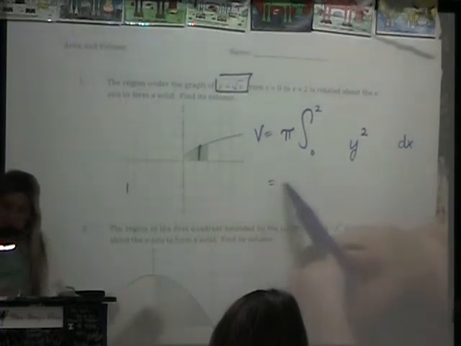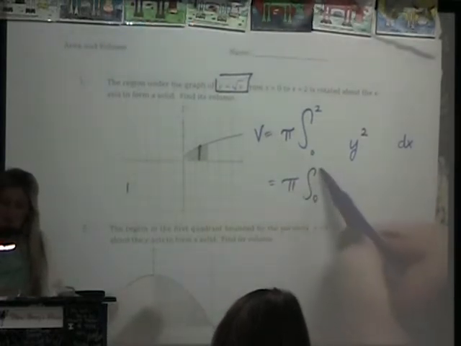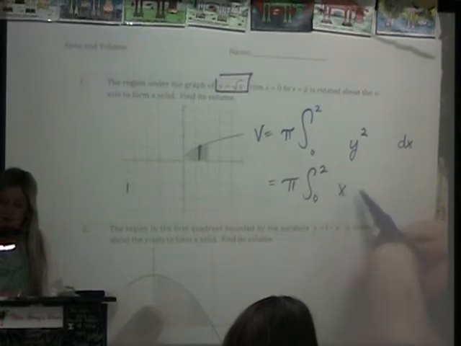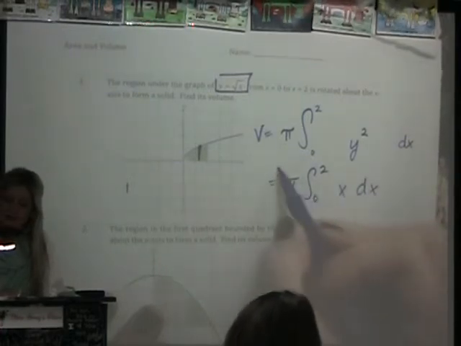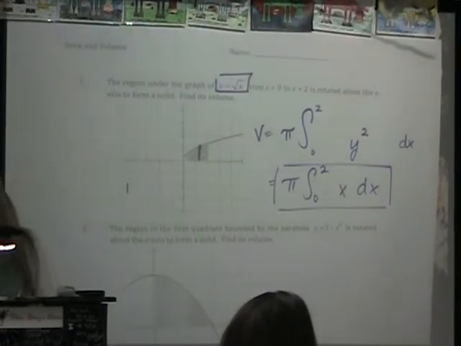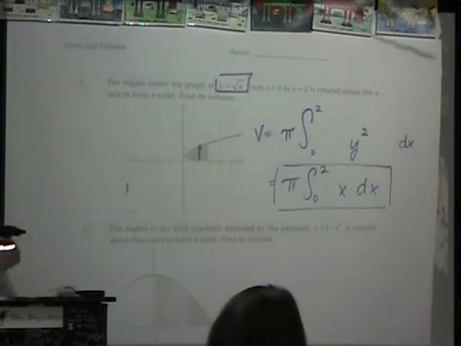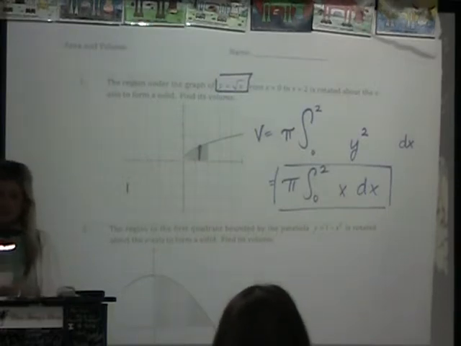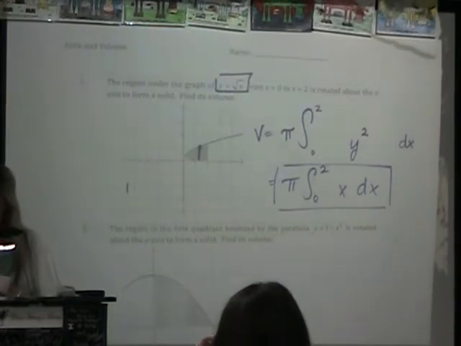Square root of x. Square root of x. And when you square the square root of x, you get plain old x. So here is my formula, and I'm going to let you guys go back and do that a little bit later for sake of time.